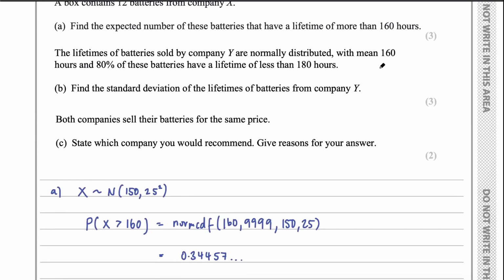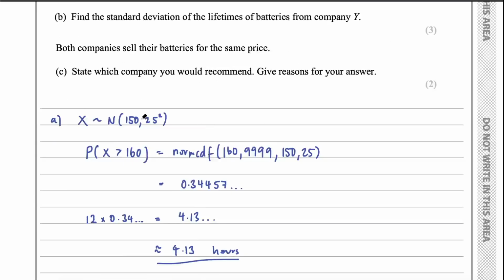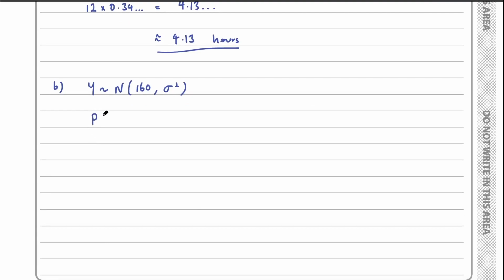And they've told us the probability of less than 180 hours for the lifetime is 80%. So we can go ahead and write that down as well. So the lifetime less than 180 hours equals 80% or 0.8. I should probably use a different variable here. So let's say L for lifetime.